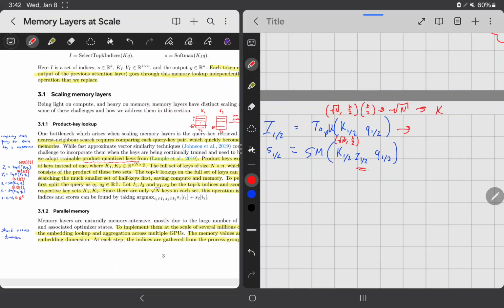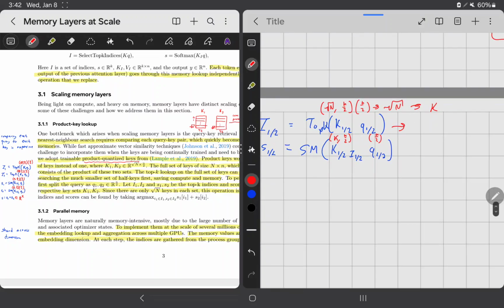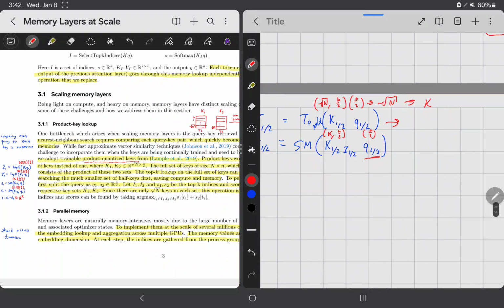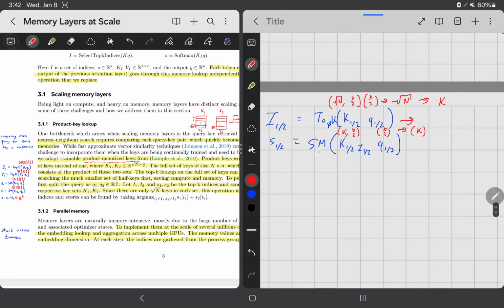Since we are indexing by the index we found up here, this is going to be of shape K, where K is the top K indices we have, by n over 2. And Q1 or 2 is going to be of shape n over 2 because we are taking a half index. We take the inner product of these two, and this gives us something of shape K, and then we take the softmax.